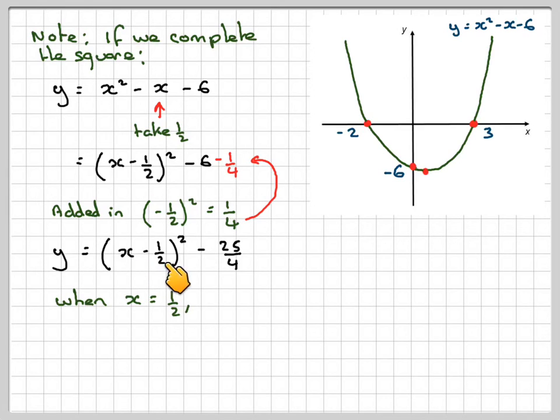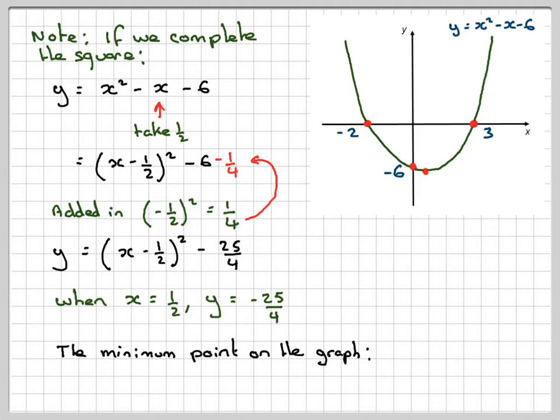Y will then be equal to minus 25 over 4. So a half, minus 25 over 4 gives me the coordinates of that minimum point. The minimum point of the graph is a half, minus 25 over 4, which is this one here.